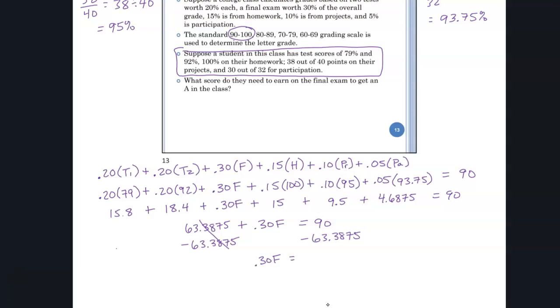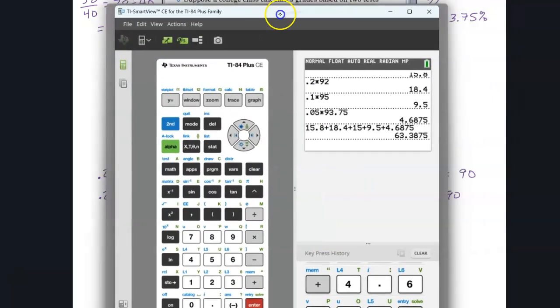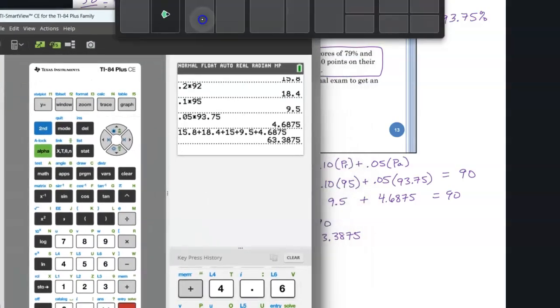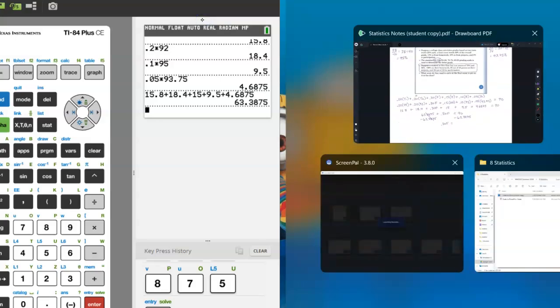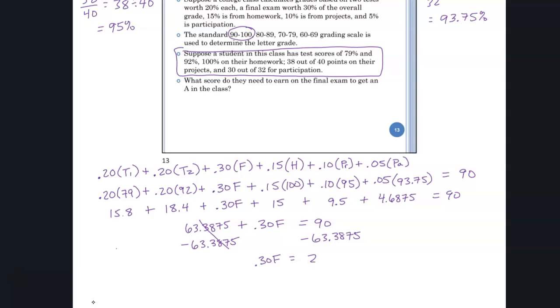And then on the right side, I'm just going to do 90 minus 63.3875. Make sure I type it in right here. So that's 26.6125.